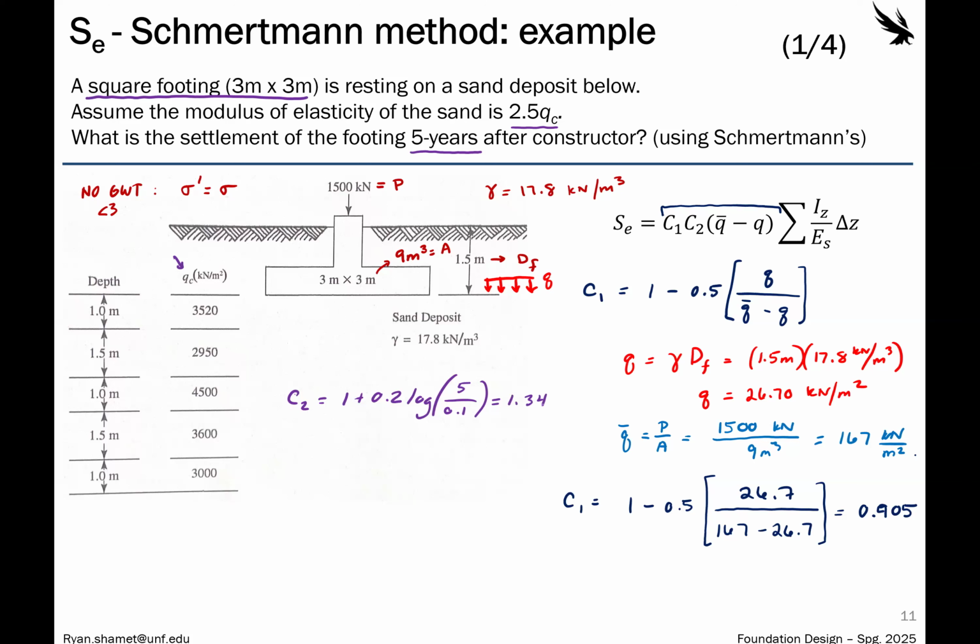So let's make sure I'm correct. The log of, yeah. So this is what I said, if you're told it's immediate after construction, then use a time of 0.1 year.